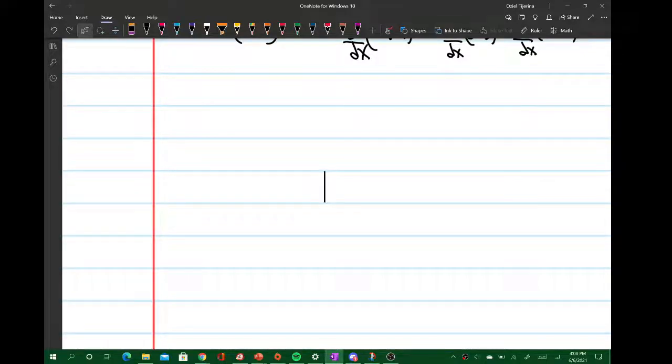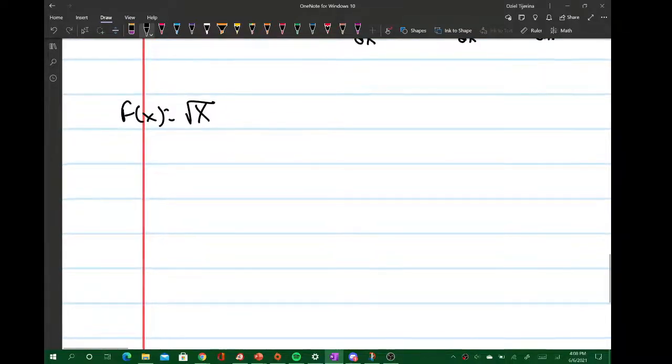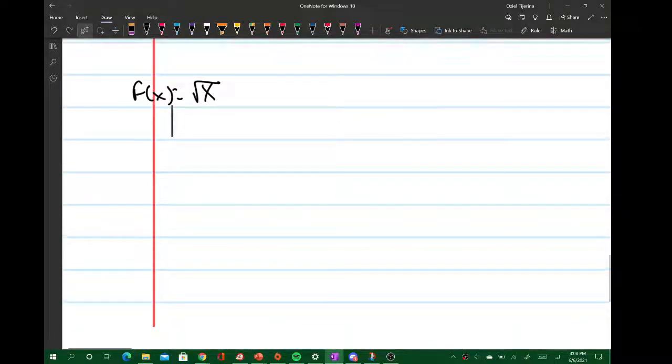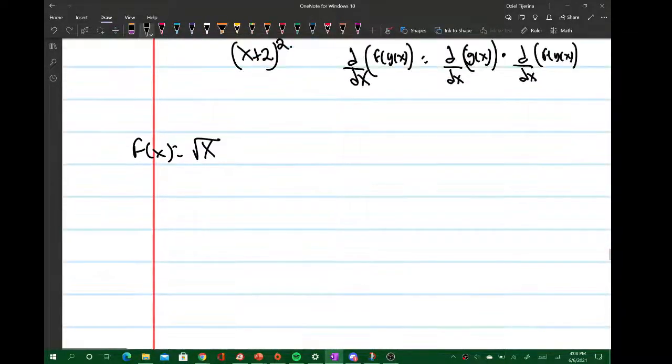Let's say we have f of x equals square root of x. I'm not going to say that we should all know what the derivative of square root of x is, because this is kind of an introduction.